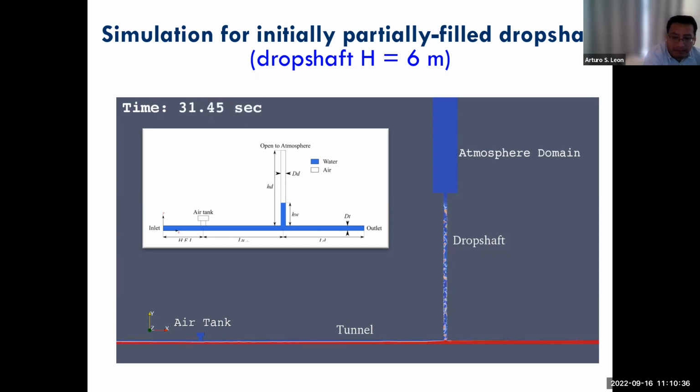But the pressure in the tunnel is the same. It doesn't change. So the gradient of pressure will cause these eruptions because the density of the mixture in the drop shaft is reducing. And then at some point, there is going to be a threshold where these geysers will occur.